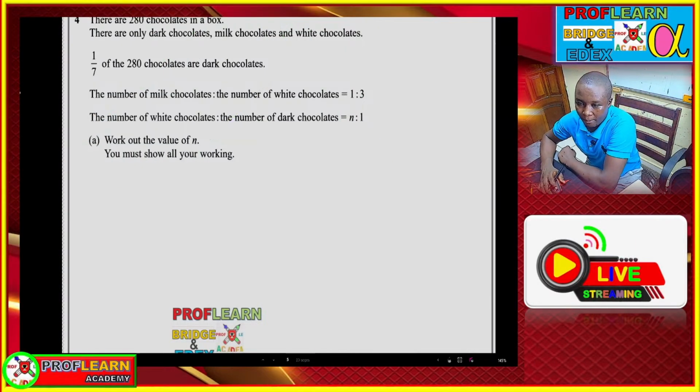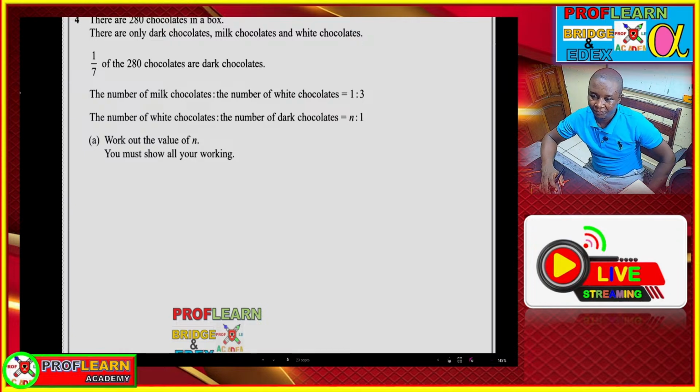Now, moving to question number 4, here we are told there are 280 chocolates in a box. There are only dark chocolates and milk chocolates and white chocolates here. 1/7 of the 280 chocolates are dark chocolates.